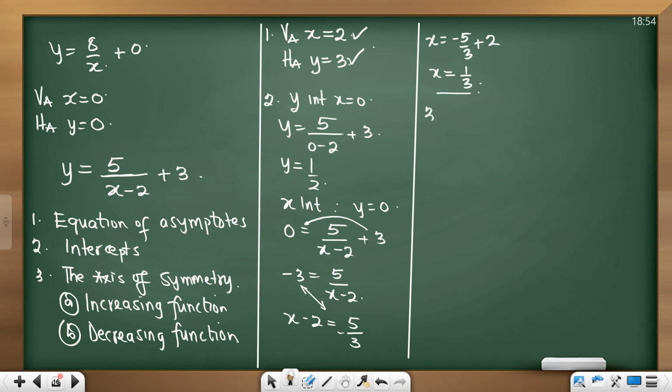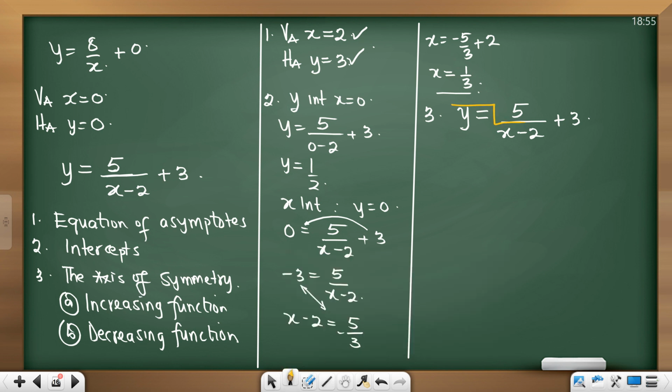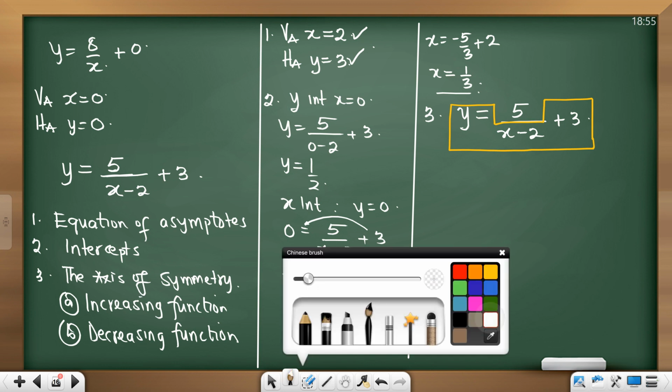Number 3, axis of symmetry. Look, here is your axis of symmetry, 5 over x minus 2 plus 3. For those of you that were here when I was doing functions, we did this.